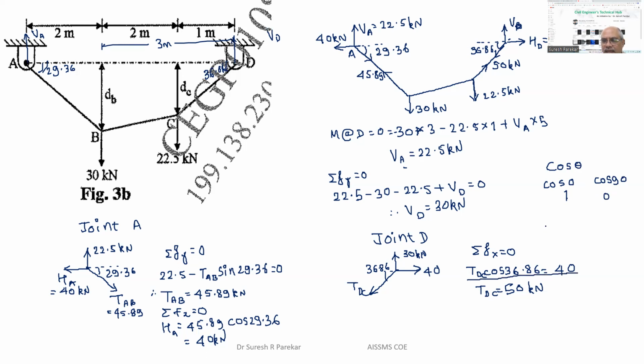In this relation, TDC equals HA upon cos theta D, and for TAB we have HA divided by cos theta A, where HA equals HD. As the angle theta D is on the higher side, cos 36.86 is 0.8, and cos 29.36 is 0.87.